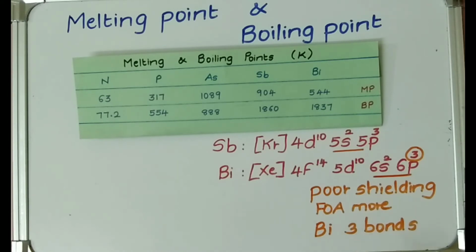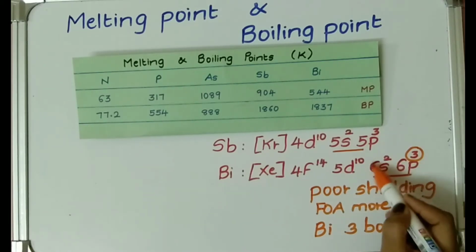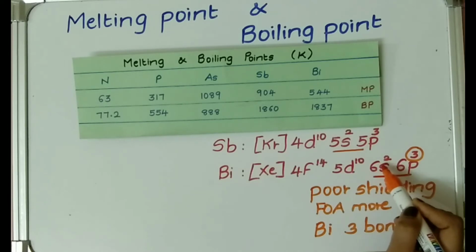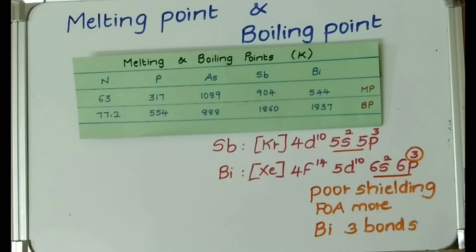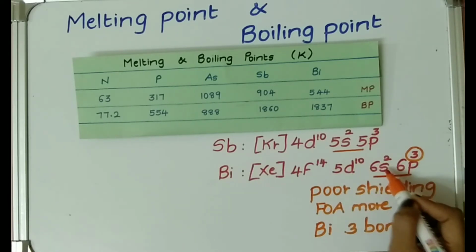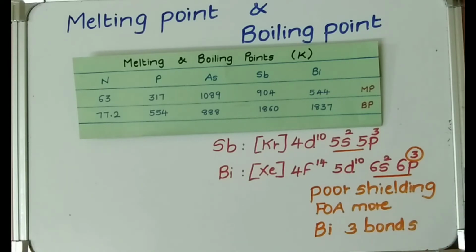I'll repeat it. It is f and d that provide poor shielding effect. Therefore the s electrons will be attracted by the nucleus. So the s electrons are not ready for bond formation. Only the electrons in the p orbital are ready for bond formation.